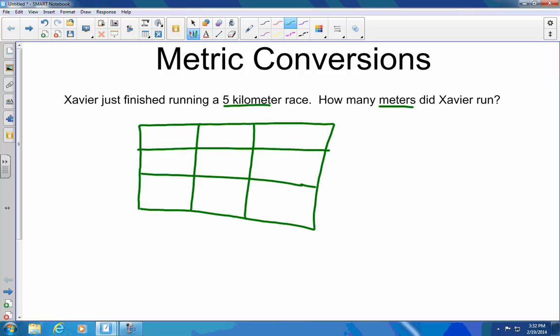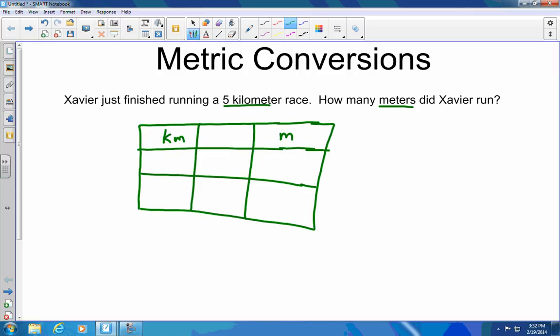So we are starting in kilometers, and we want to change those kilometers to meters. So this is, of course, a problem where we're working from a large unit to a small unit. So of course we're going to multiply, and we'll be able to see that in just a moment here.